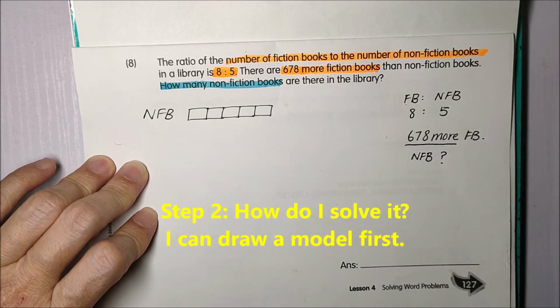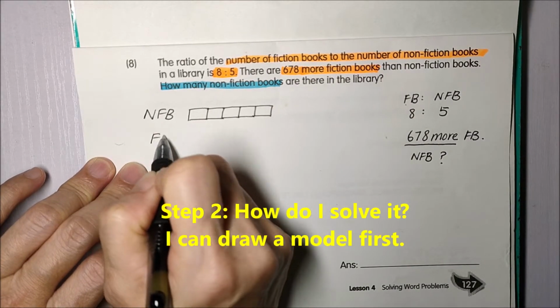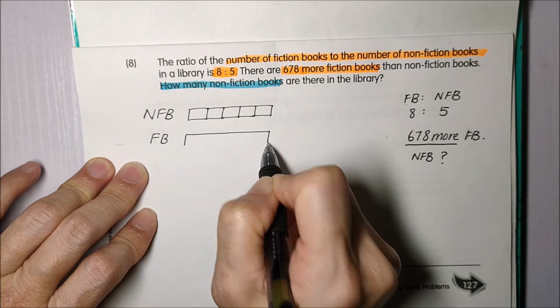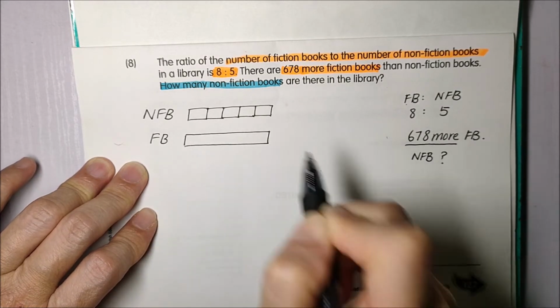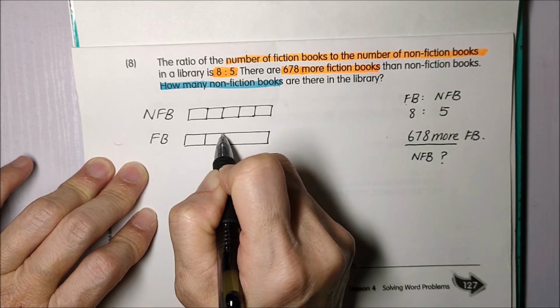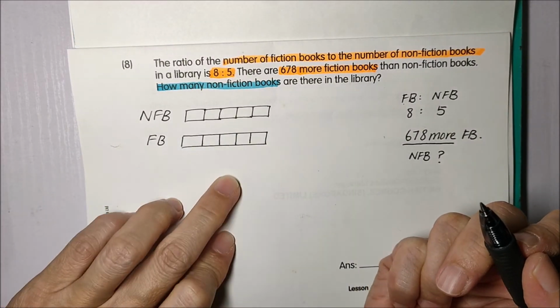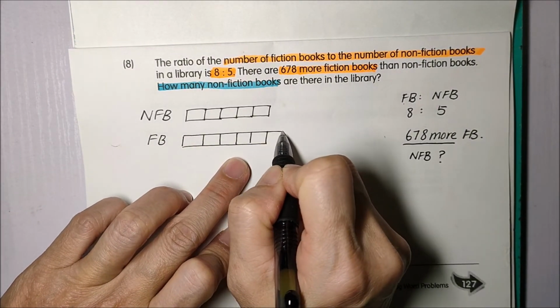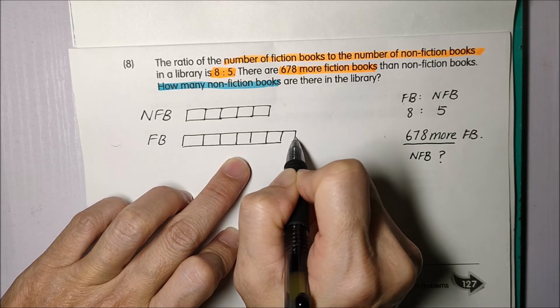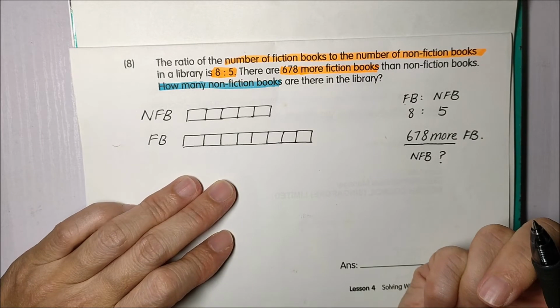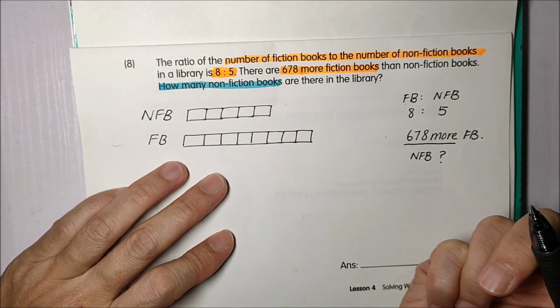And for the fiction books, it is 8 units. So this is my 5 units. Let's draw them equal in size to the non-fiction book. So 5 units, 6, 7, 8. Okay, so 8 units.